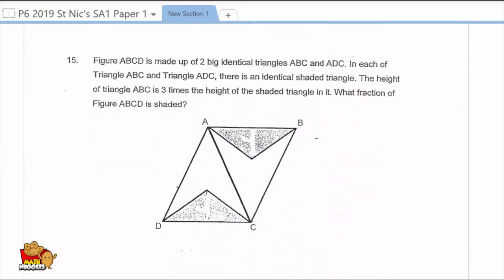Question 15. The height of the triangle ABC is 3 times the height of the shaded triangle in it.